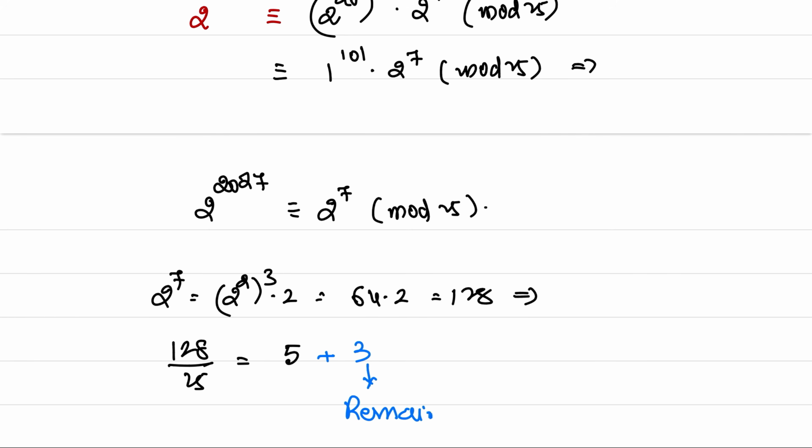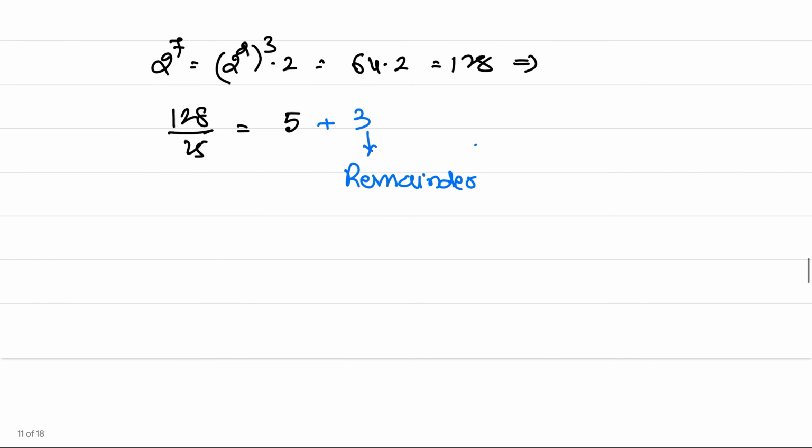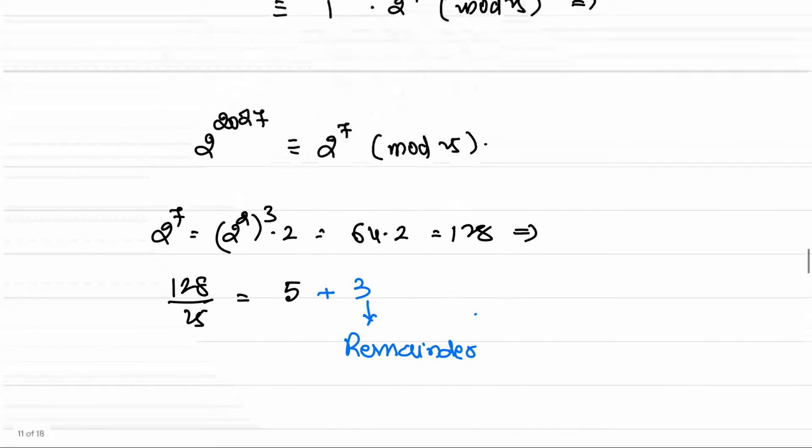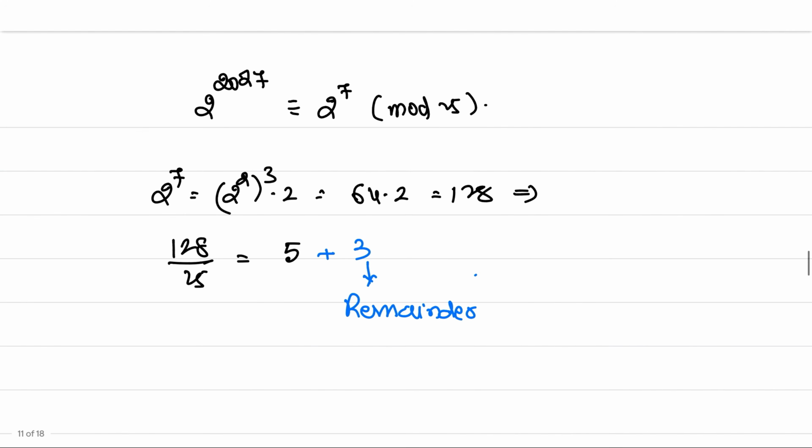I am writing it in blue pen to avoid the confusion. That means, how can I write this? 2 to the power of 2027 is equivalent to 2 to the power of 7, having a remainder of 3 mod 25.